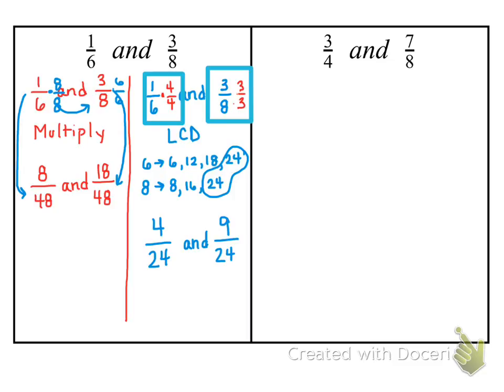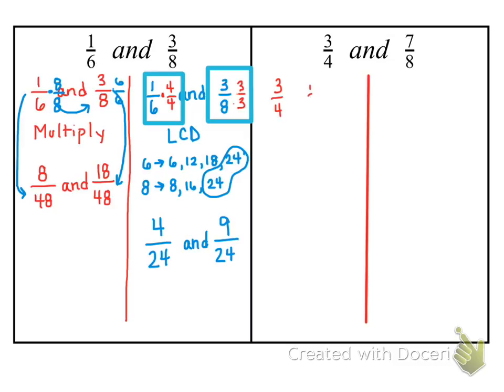All right. So let's try 3/4 and 7/8. Please draw that line down the middle. So we can do one with multiplying and one with the lowest common denominator. Okay, let's start with the way that always works.